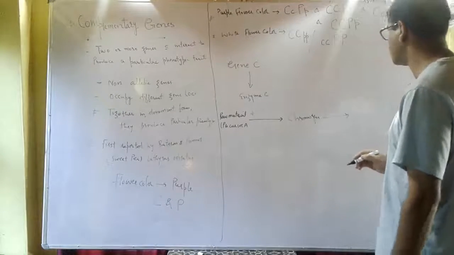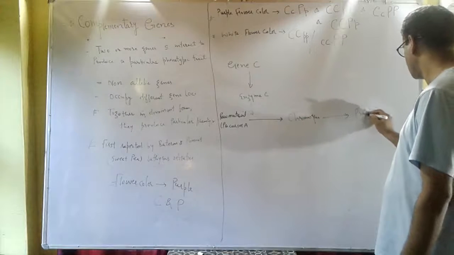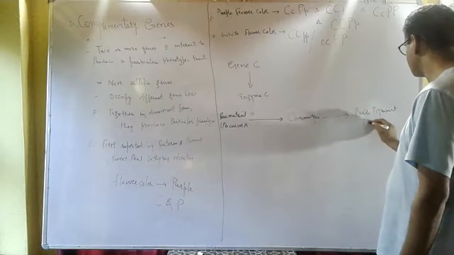Then this chromogen is converted, it is changed, into the purple pigment anthocyanin.